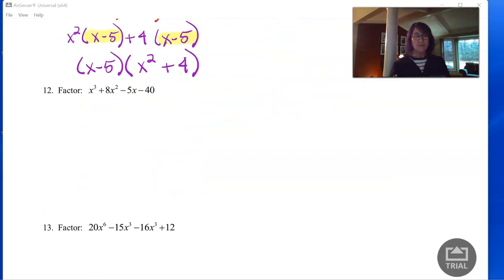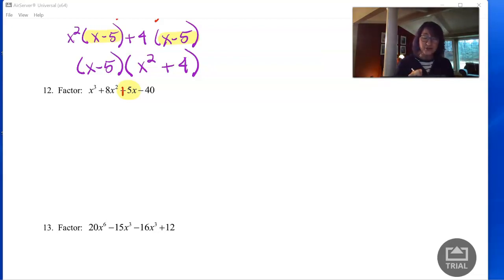Okay, number 12. Number 12 has a red flag in it. So when you look at your third term, if your third term is negative, what you want to do is change that subtraction to addition. Not a problem.